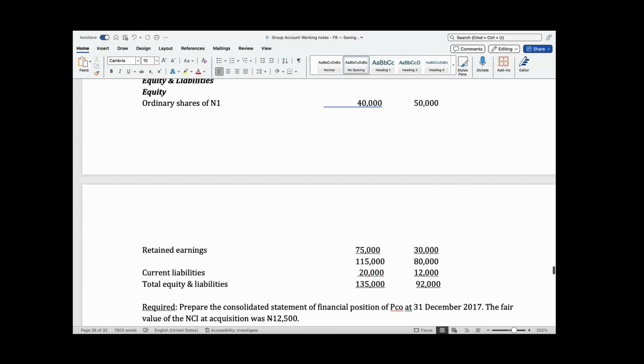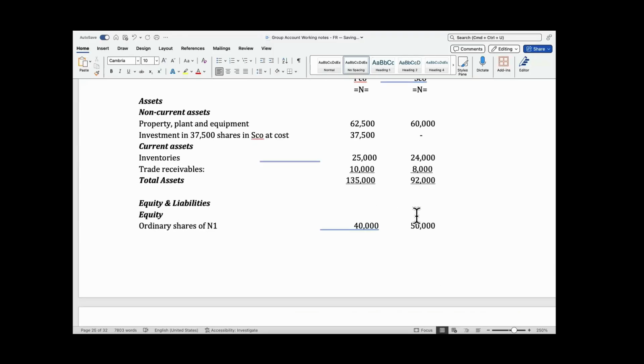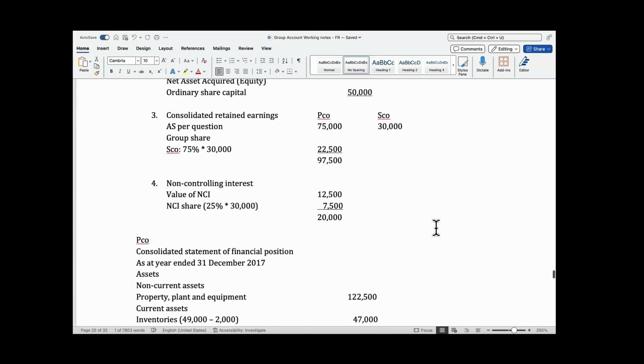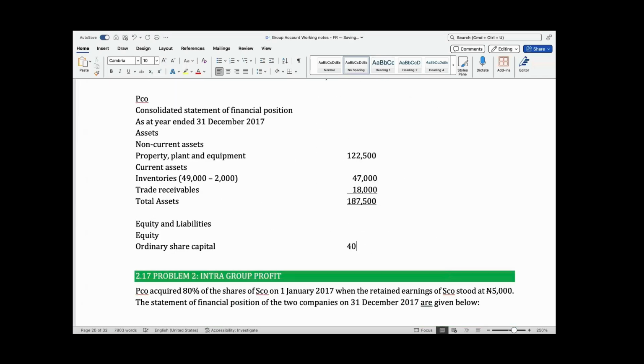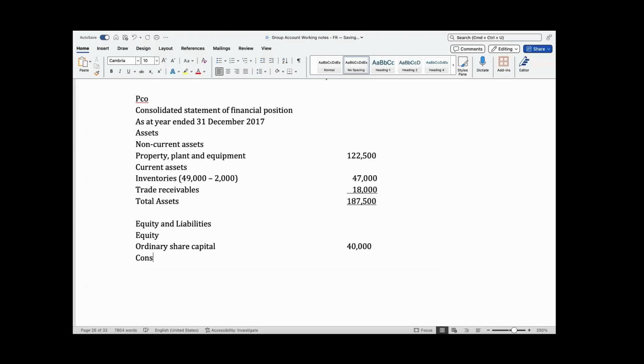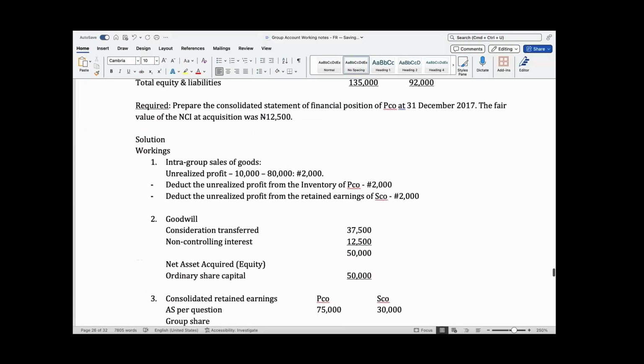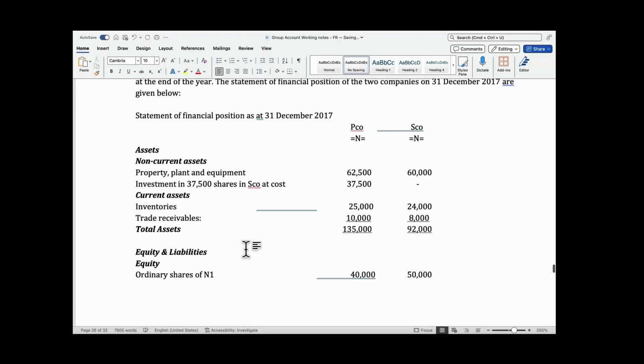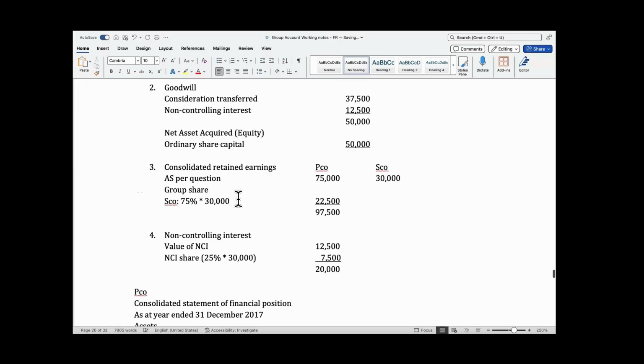My ordinary share capital, this is 40,000, because this one has been cancelled out. I hope you will still remember that. Whatever balance is remaining is NCI. So this 40,000. Then my consolidated retained earnings, note 3, 97,500.